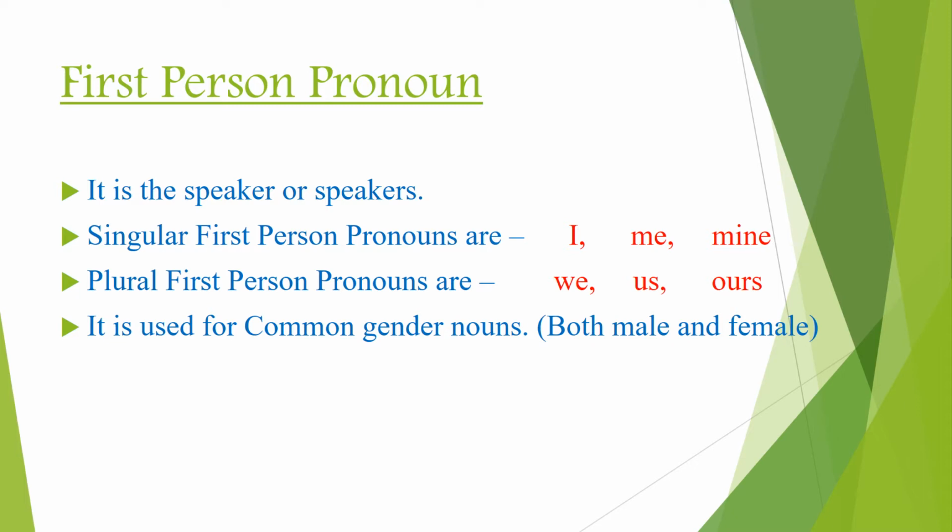Now these pronouns which you have seen highlighted in red font can be used for common gender nouns. If you remember common gender nouns, it means you can use these first person singular and plural pronouns both for male as well as female. So they can be used for common gender nouns.